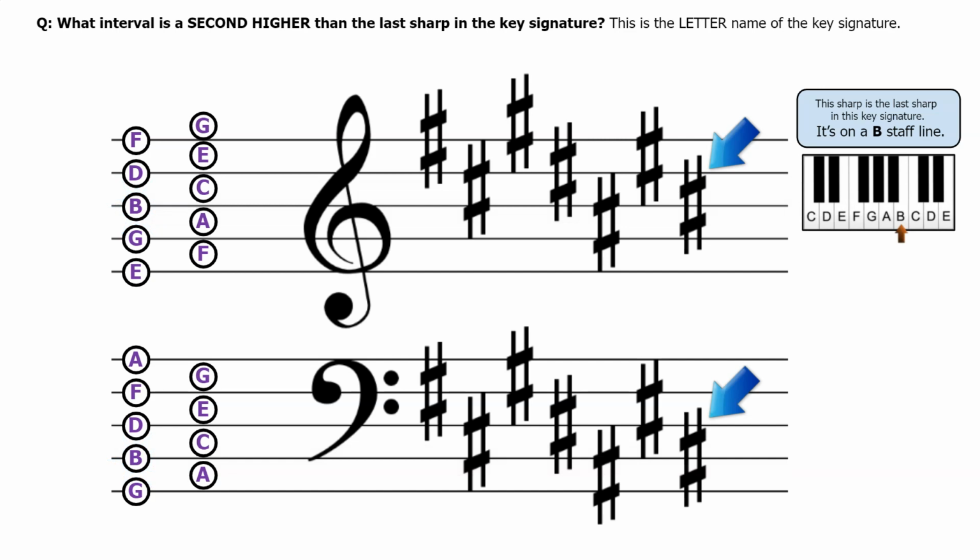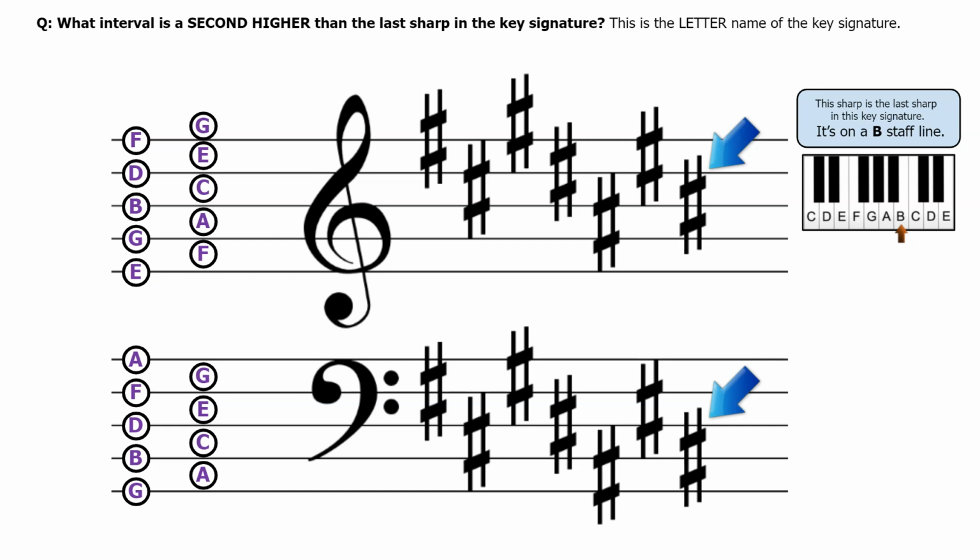There it is. Now, the distance between two different pitches in music is called an interval. So, to find the interval of a second higher, we count the music alphabet letter names in the correct order, or to the right on a piano.